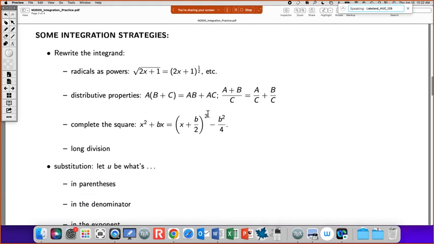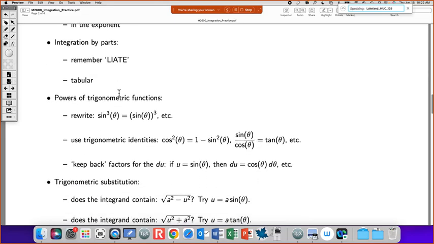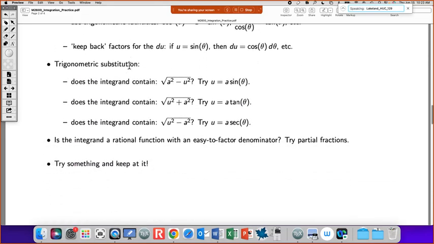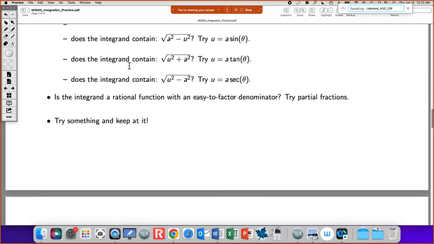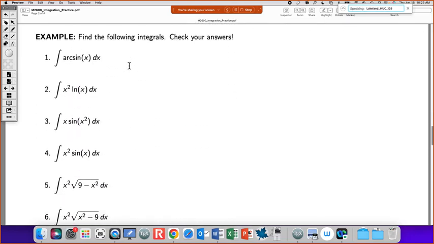And then the basic strategies. So this is the stuff we reviewed from 8.1. And then we get into the parts, trig powers. You follow? And then these are just more examples. Now what I did is I don't work these out. There's not a video with these solutions.